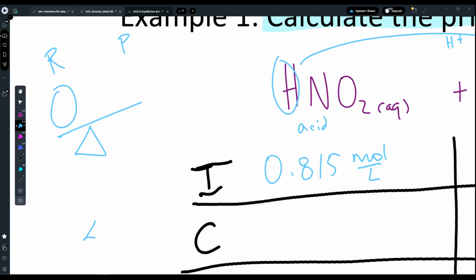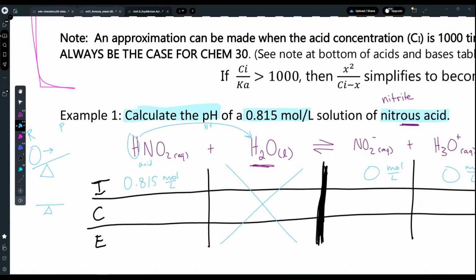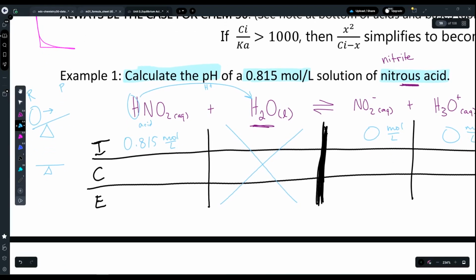But in order to get this seesaw to be balanced, the ball would have to move forward. So what that means is this system needs to shift to favor the forward reaction in order to achieve equilibrium. So we need to use up our reactants to produce products.